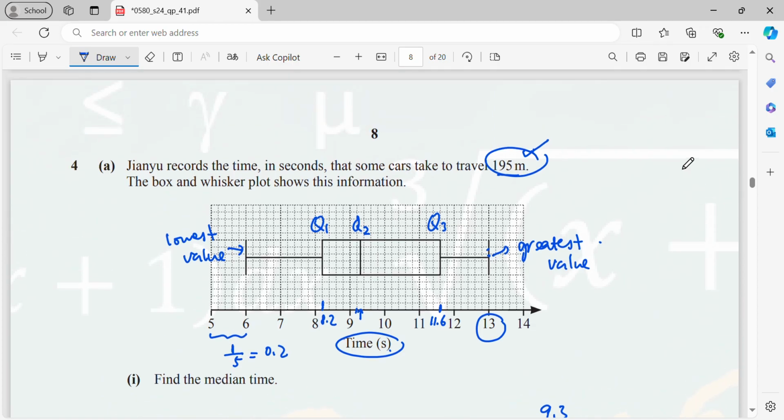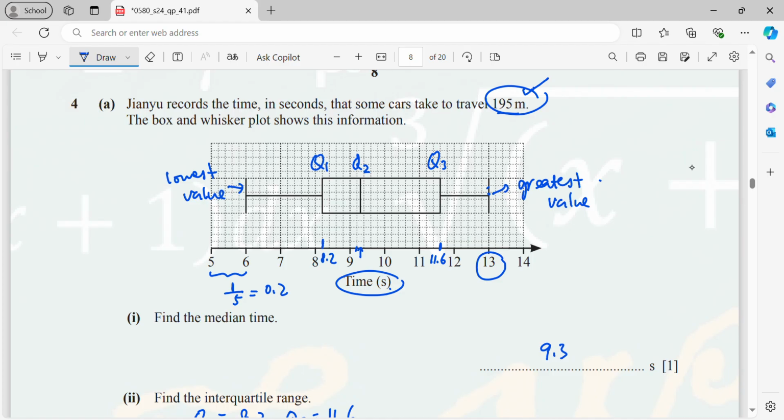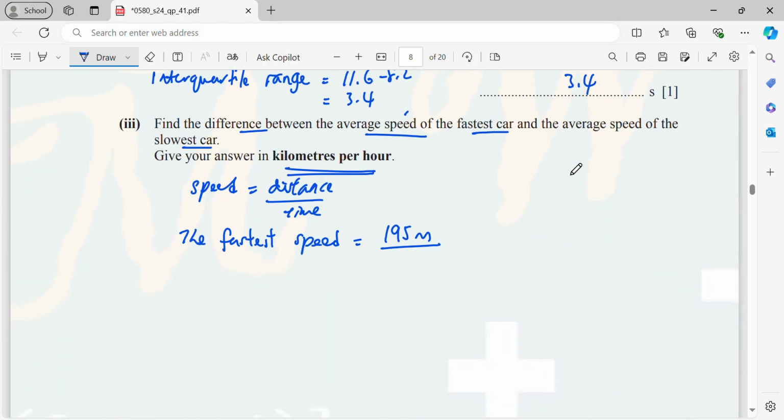okay, for your information, if you need to get the fastest speed, it means the car must have taken the lowest time, right? So the shortest time. The shortest time is actually 6. So I should divide by 6 and not divide by 13. If you divide by 13, that is the slowest speed. So this is divided by 6. Then here I'm getting 32.5 meters per second.